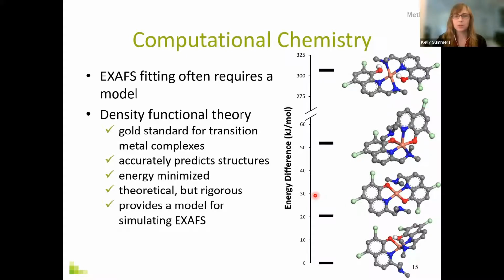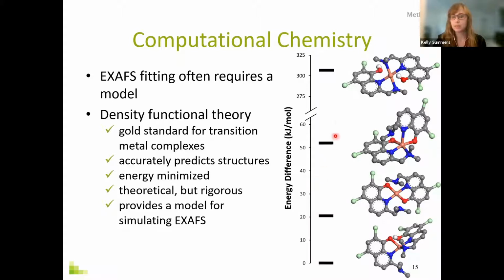With our computational chemistry, this is really how we build our x-axis model. Through density functional theory, which is considered the gold standard for transition metal complexes because it can accurately predict the structures, these are energy minimized, or in this case, enthalpies. This is a theoretical but rigorous method, as I mentioned, and this is really what provides our model for simulating our x-axis.